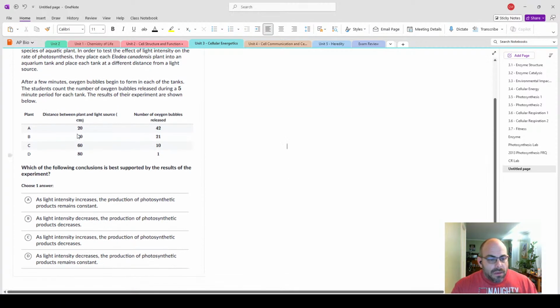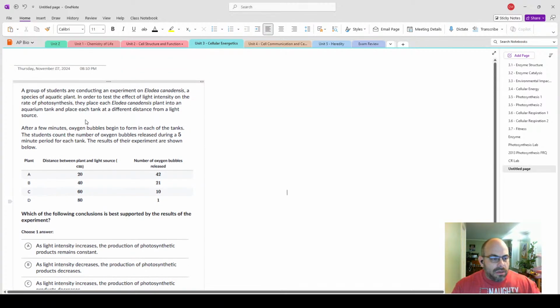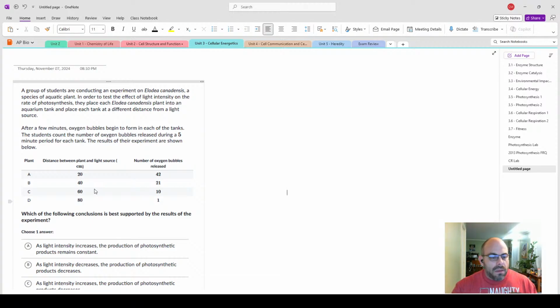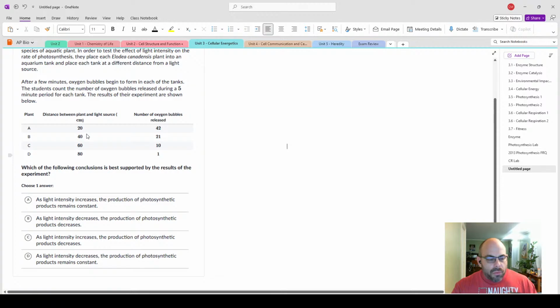All right. So distance between plant and the light source is here. I'm just kind of walking you through the way I'm thinking about this question. We are measuring light intensity, and we need to think more light equals more photosynthesis, right? One of the ways that I can see already that a student would get tripped up by this is they would think more number, more better, right?